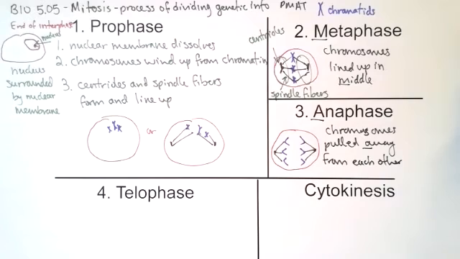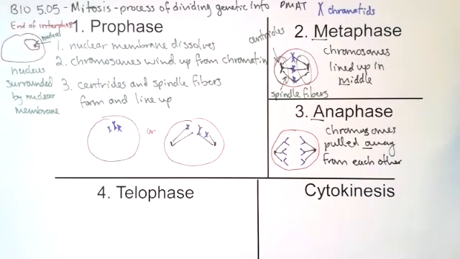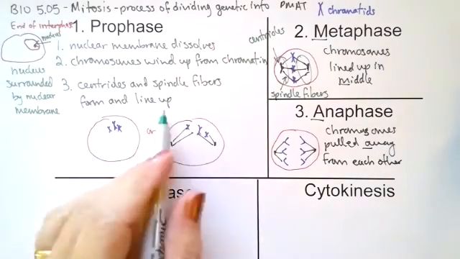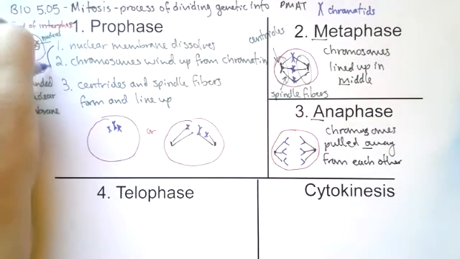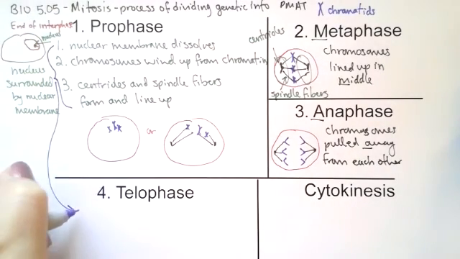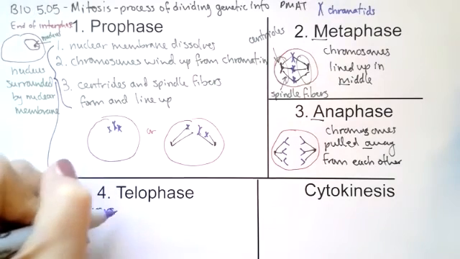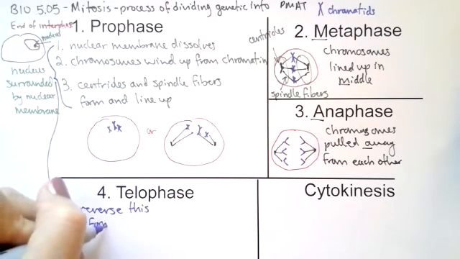We have to unwind the chromosomes, we have to reform the nuclear membrane, and we have to take apart the centrioles and the spindle fibers. So we're going to, let's do this in purple. For telophase, we have to reverse this. So we have to reform the nuclear membrane.